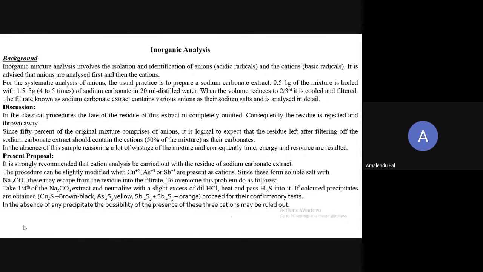In that case, that can be tested. Take 1/4 of the mixture, neutralize its slight excess or dilute excess, then pass H2S. Then you get copper sulfide, antimony sulfide, arsenic sulfide, with different colors. You can say it is a confirmatory test. If no precipitate appears, then we can say copper, arsenic, antimony are absent.